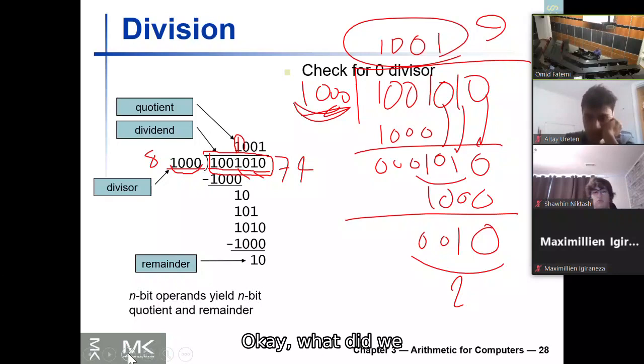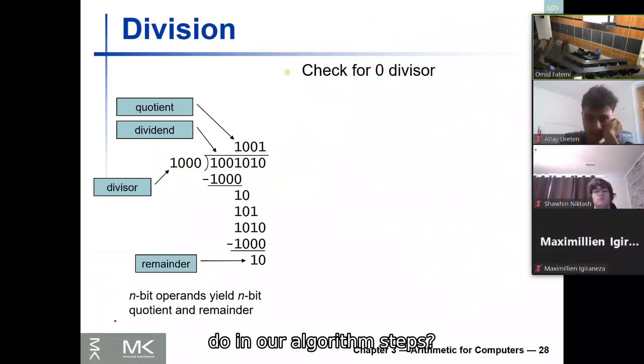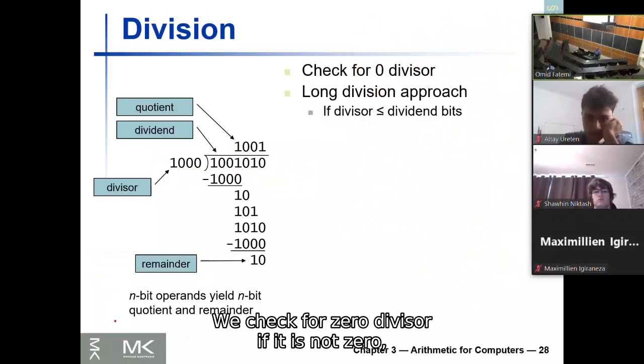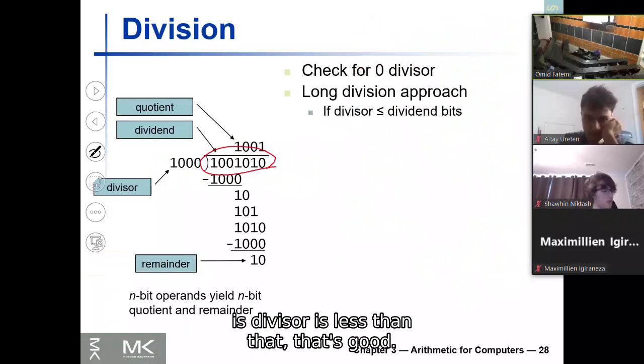So what did we do in our algorithm? The steps were these. We check for 0 in the divisor. If it is not 0, because you cannot divide by 0, then if the divisor is less than the dividend part, that's good.